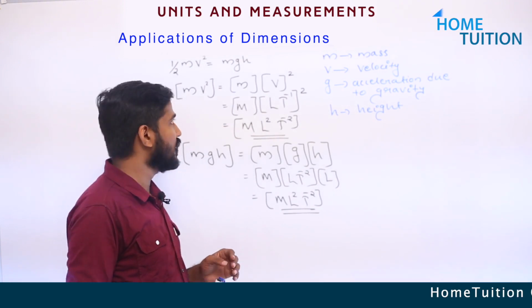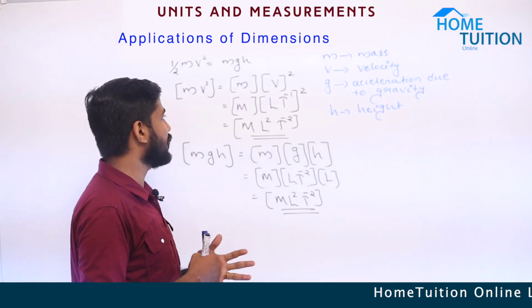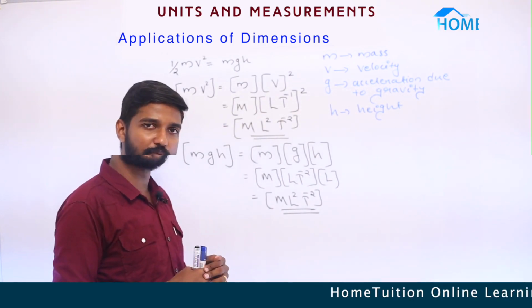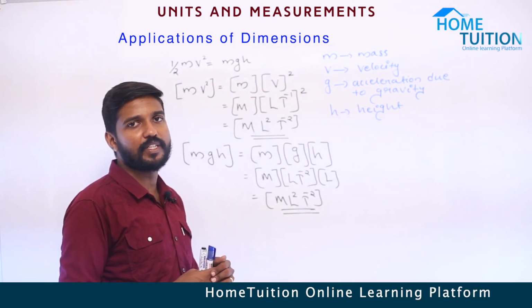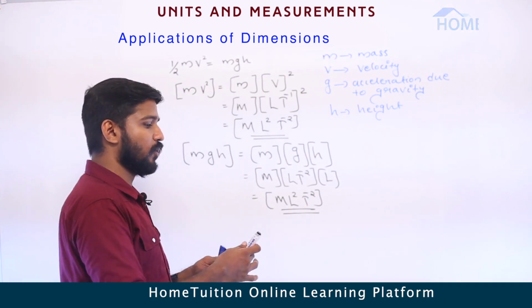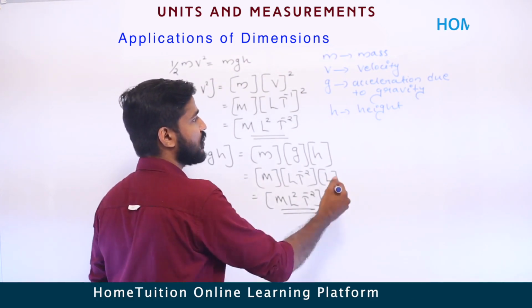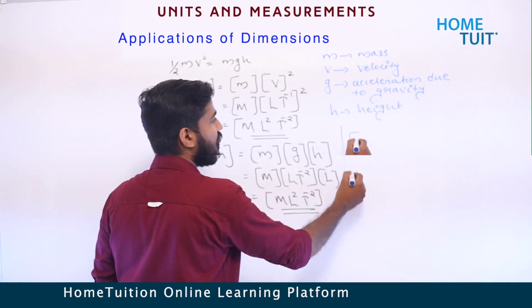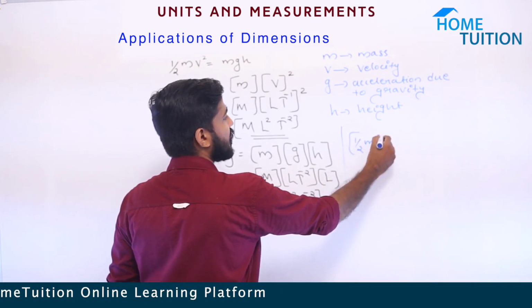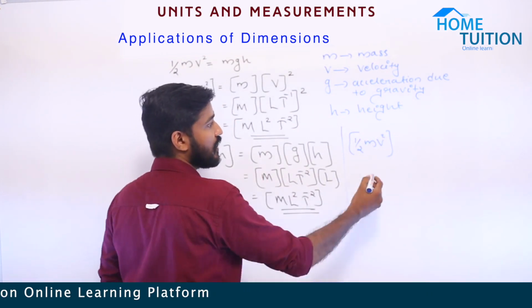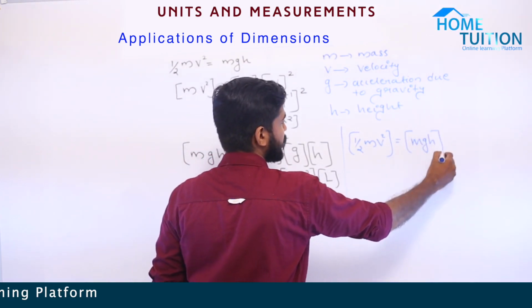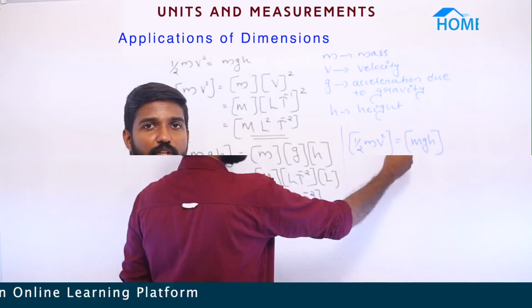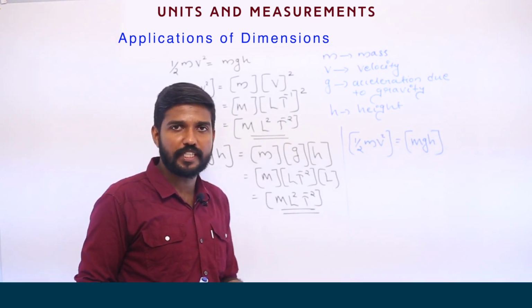Right. So the dimension of half mv square, or mv square, is M L square t raised to minus 2, and the dimension of mgh is also M L square t raised to minus 2. Therefore, the dimension of mv square is equal to the dimension of mgh.